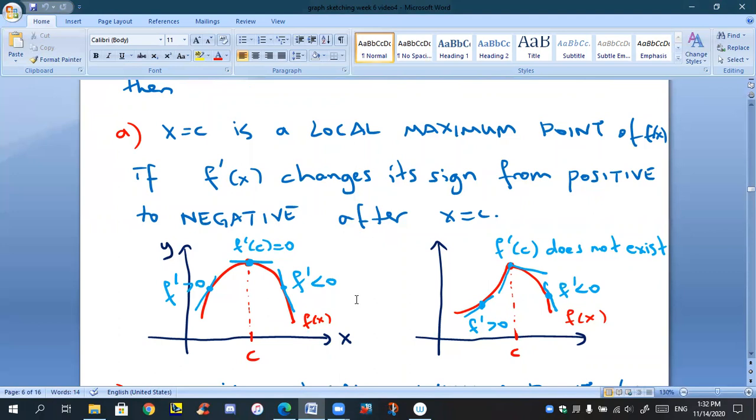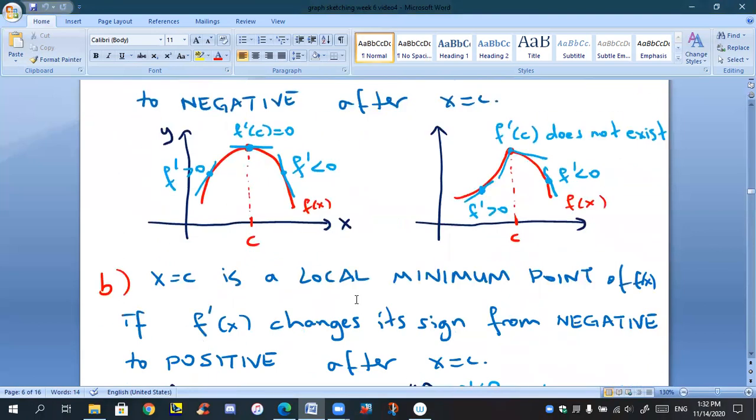So f prime must be negative. A decreasing function gives a negative derivative. So f prime changes from positive to negative. And in both pictures, as you see, it gives a local maximum. So x equals c is a local maximum point. And if you find f of c, then you are going to find the local maximum value.